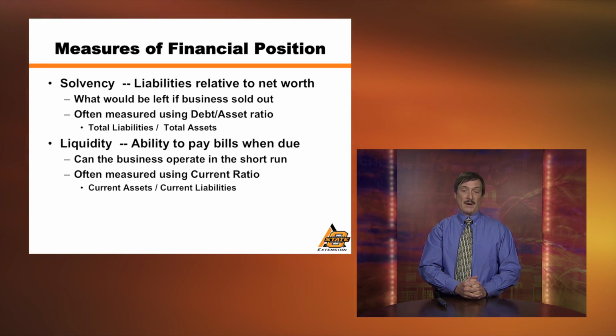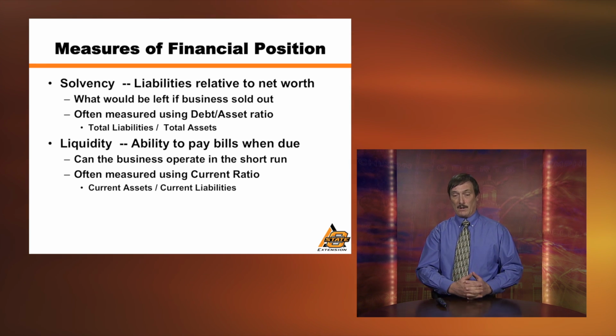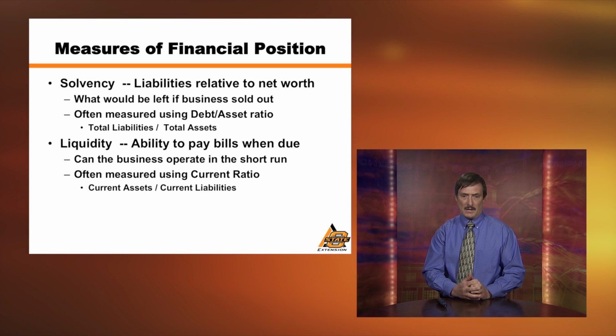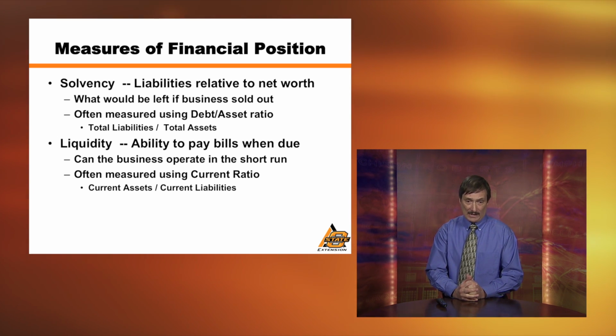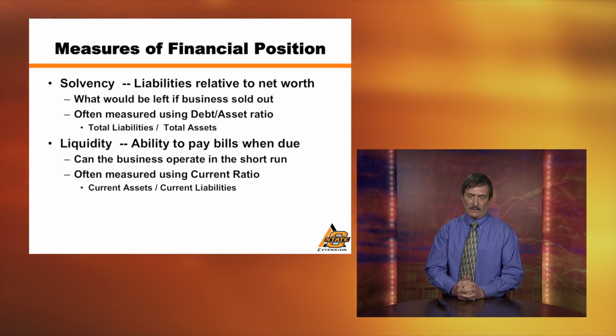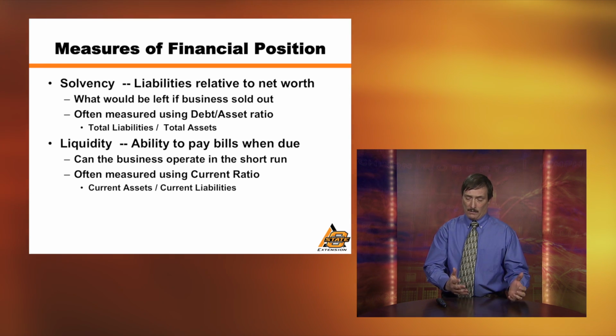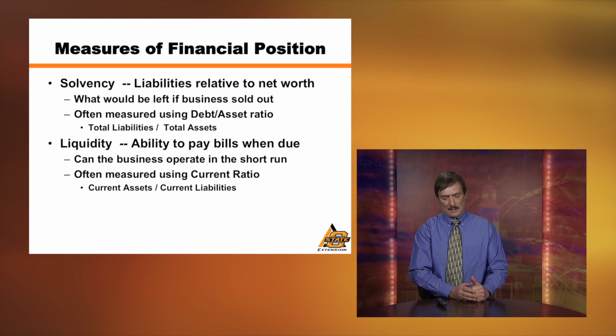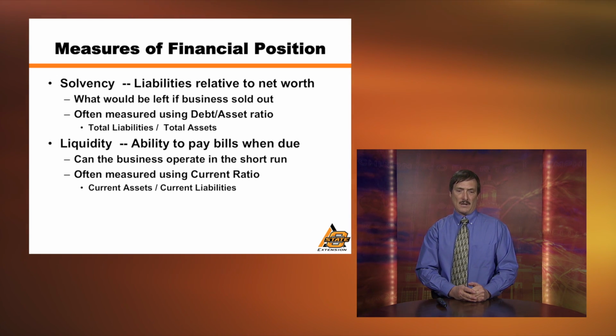In other words, we can compare businesses of various sizes based on the debt to asset ratio, and we don't get a distorted value. We get a relative comparison there when we do that. So solvency is normally measured by something like the debt to asset ratio or one of the associated measures.